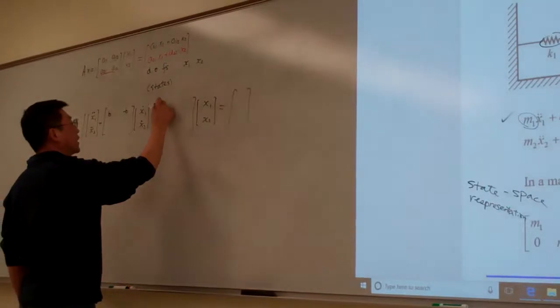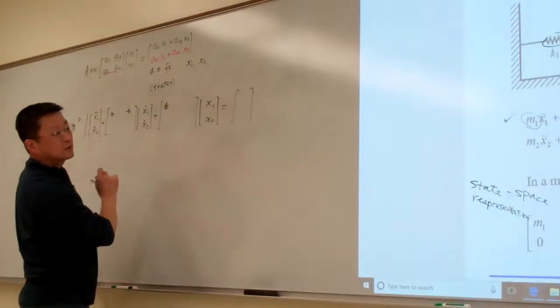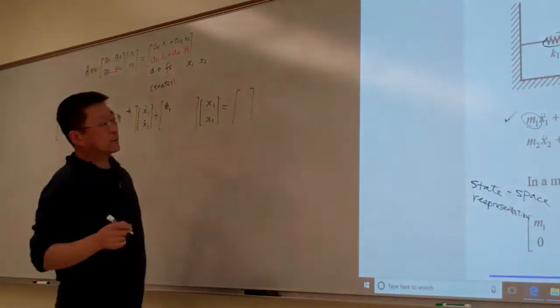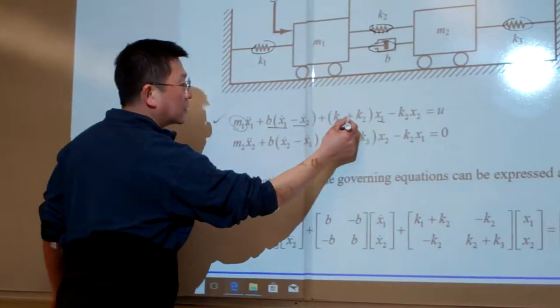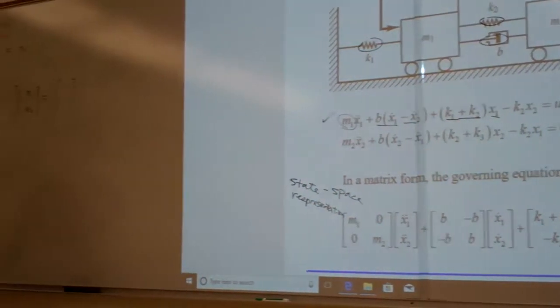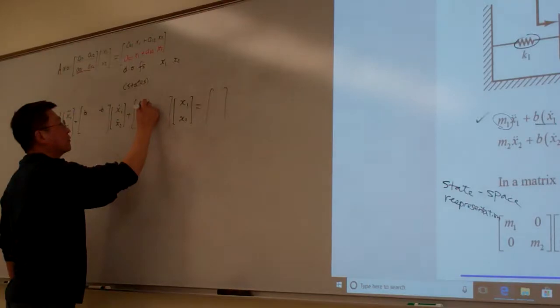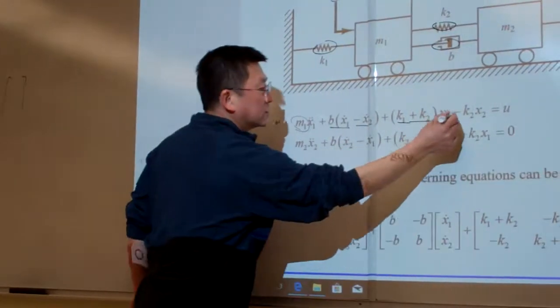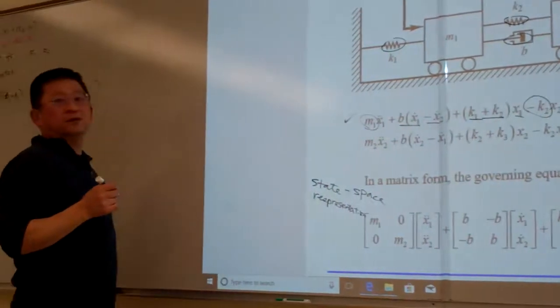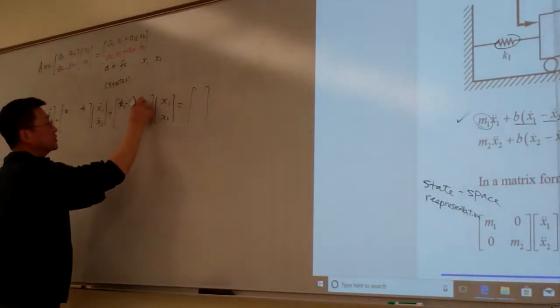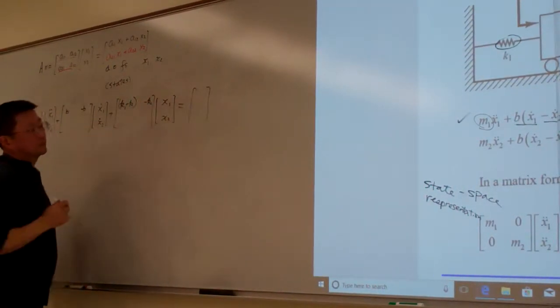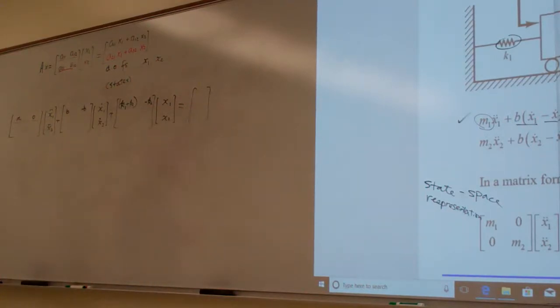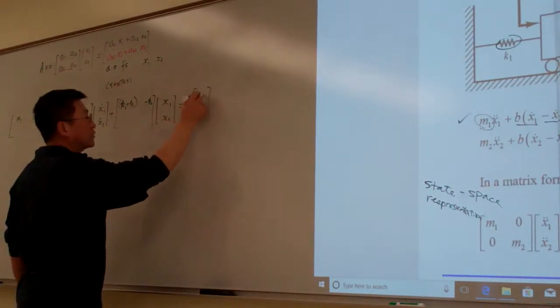So k1 times x1. And then again, k2 times x1. So k1 plus k2. So that is this term. And then minus k times x2. So this is minus k2. Be good? Okay, and then that one will be equal to 0.